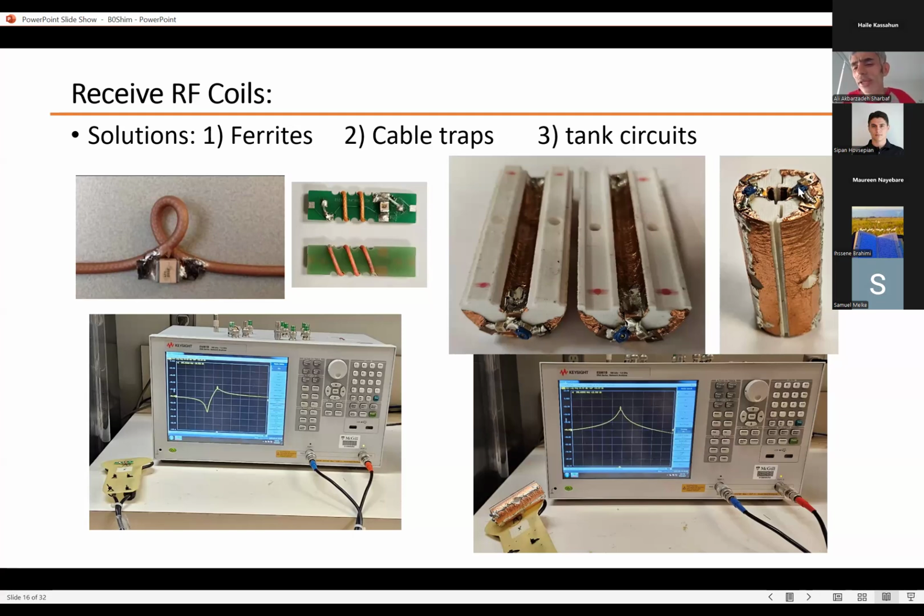By adjusting these variable capacitors, we can adjust the resonance frequency of this cable trap to the Larmor frequency. The good thing is that to use this type of cable trap, we don't need to cut the wire. It can easily go around the wire, but it's much bigger than the other type of cable traps.